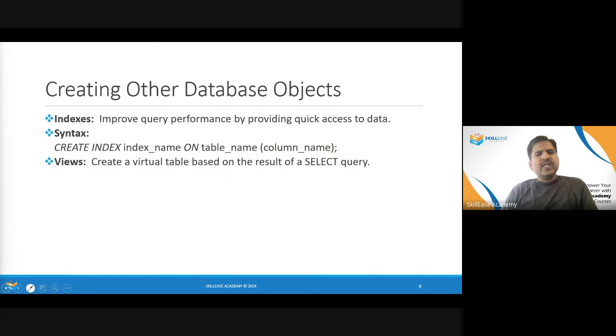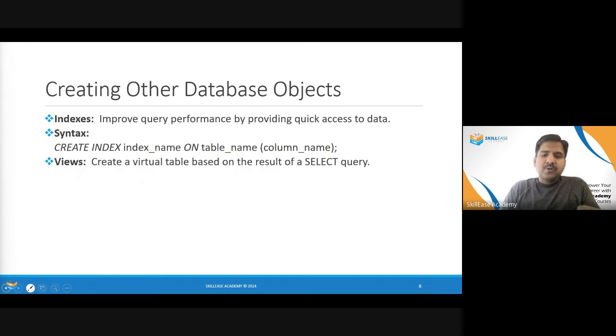Similarly, you can create views. Views are nothing but a virtual table that is based on the result set of a select query. Unlike a physical table, a view does not store any data in itself. Instead, it provides a way to simplify a complex query and to present data in a particular way.